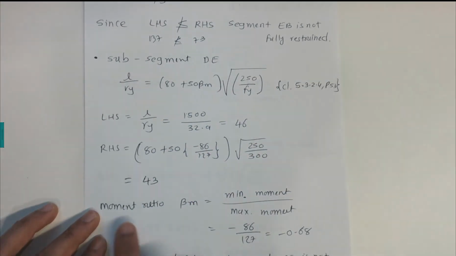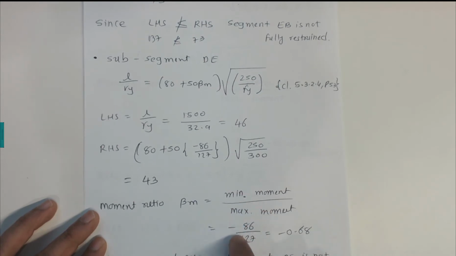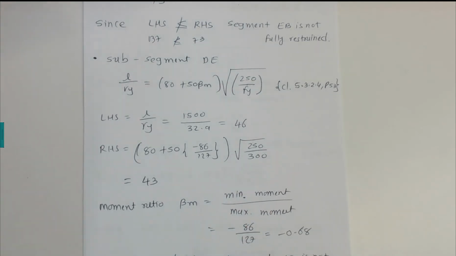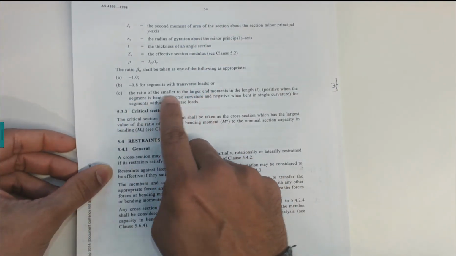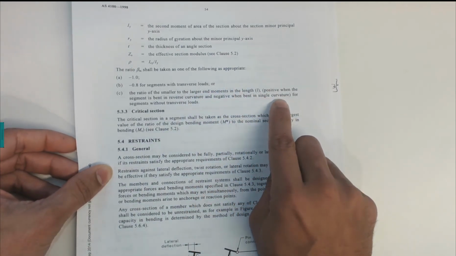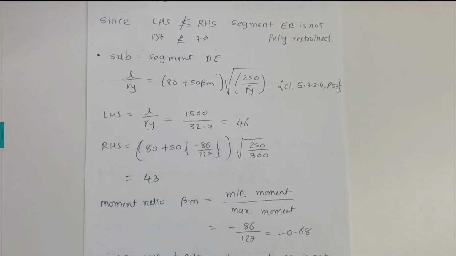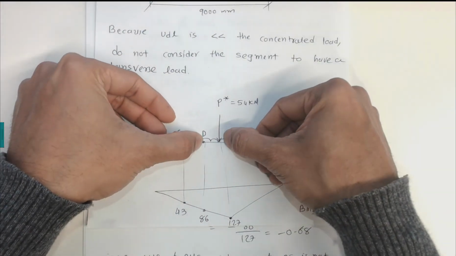Now we need to find this beta m value. Beta m is equal to minimum moment over maximum moment, and it takes a negative value because of single curvature. That condition is given here on page number 54. Beta m is the ratio of minimum to maximum. Please note the negative when bent in single curvature. So now we need to check the bending moment diagram, and we are working on segment DE.